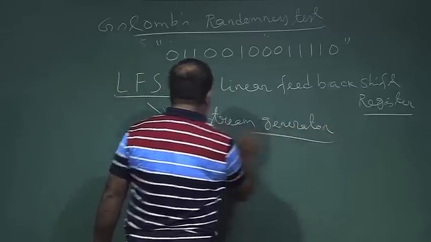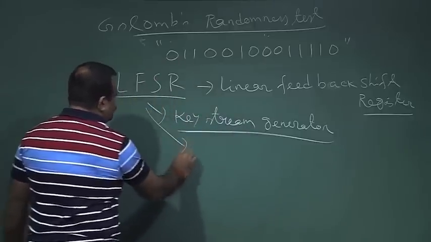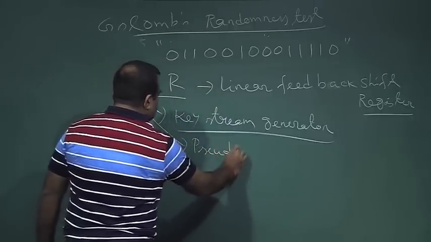It will generate the key stream. That is why it is called a pseudo random bit generator.